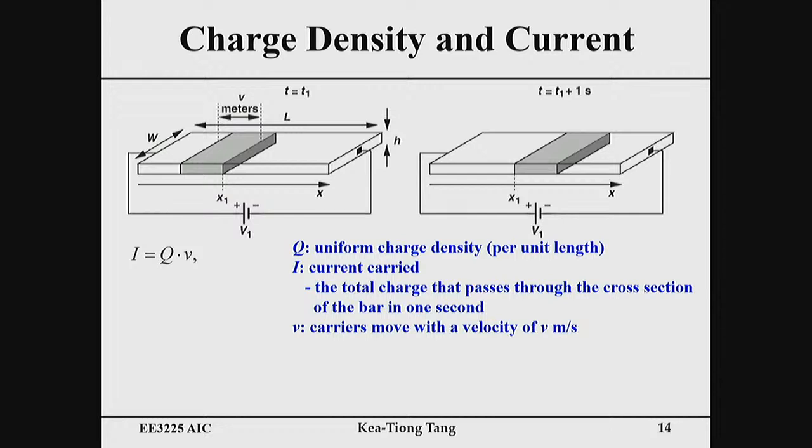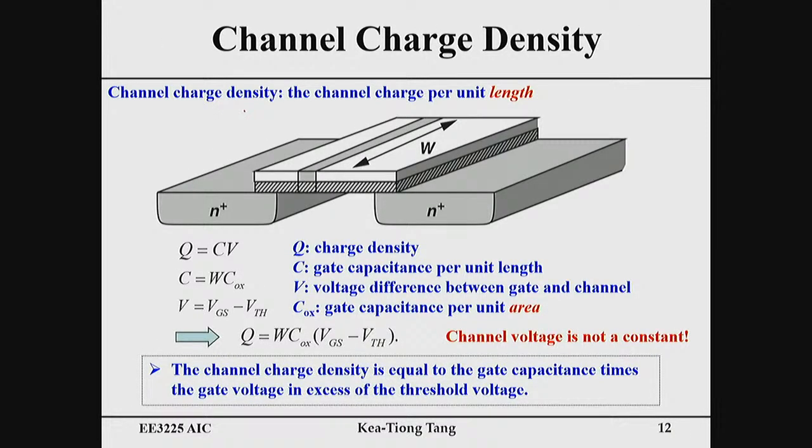Here we can also look at the unit. I is coulomb per second, equal to Q. What is Q? Q is defined as the channel charge density, so Q is the channel charge per unit length.